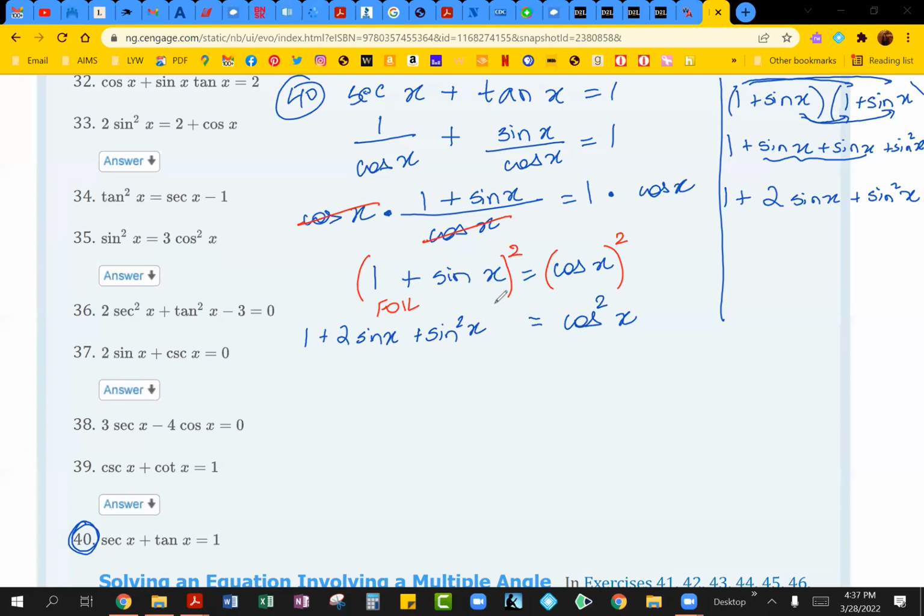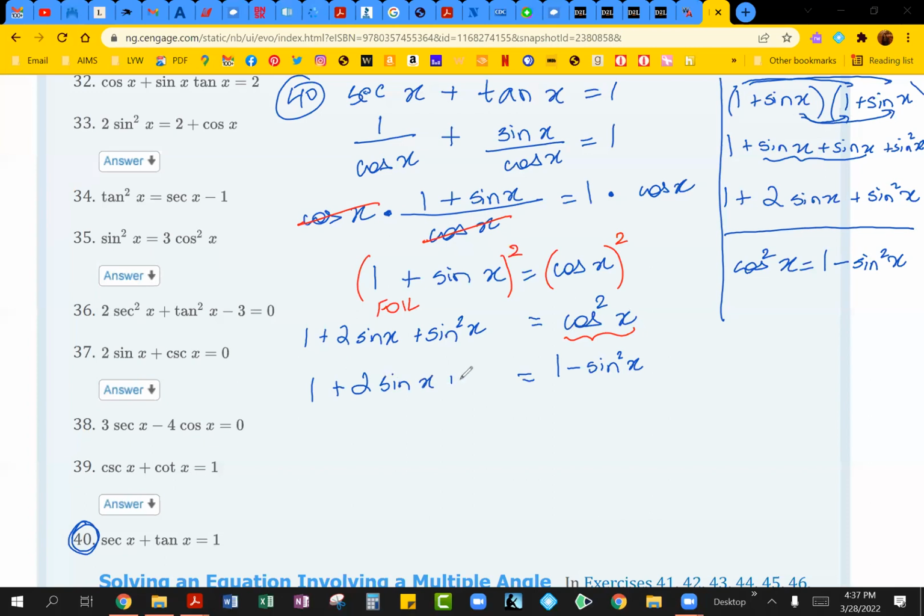So here, guys, you will see on the left-hand side, we have the sine of x term and the sine squared term. So we are going to make the substitution on the right-hand side, and rewrite cosine squared of x using that Pythagorean identity as 1 minus sine squared of x. And then we will be able to combine this with the terms on the left-hand side.